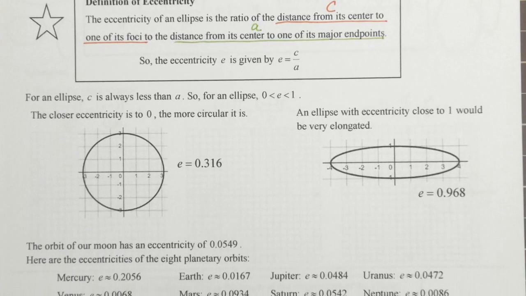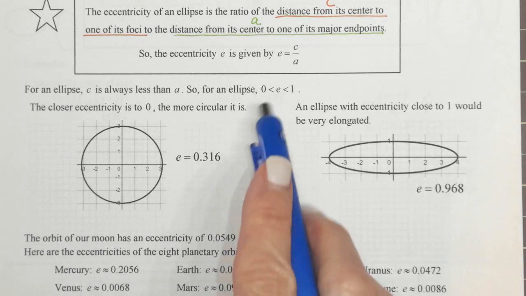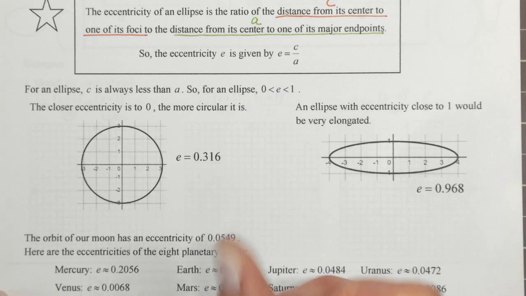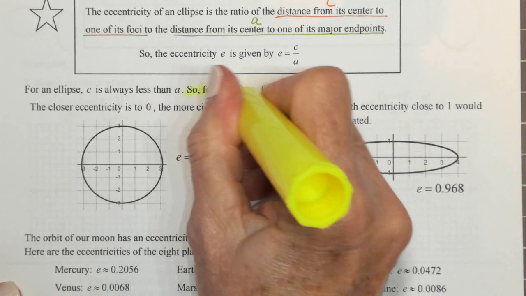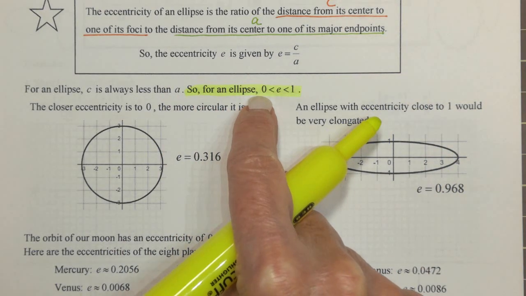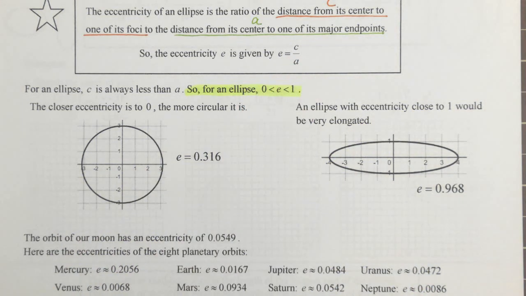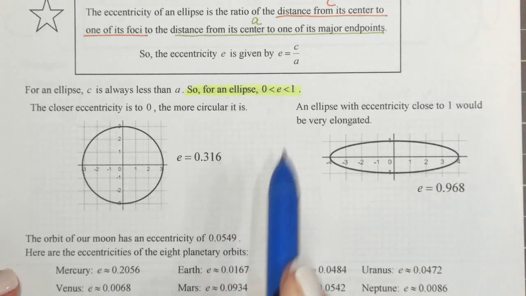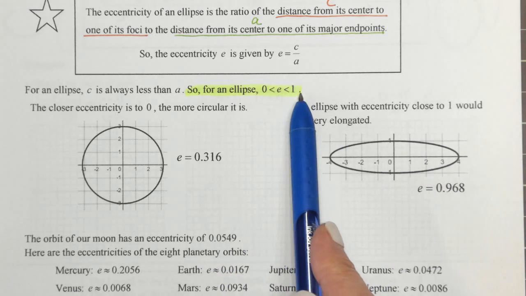For an ellipse, c is always less than a, so eccentricity is going to be between 0 and 1. If it was exactly 0, we'd be looking at a circle, because c would be 0, there would be no difference between the focus and the center. So for an ellipse, eccentricity is always bigger than 0 and less than 1.